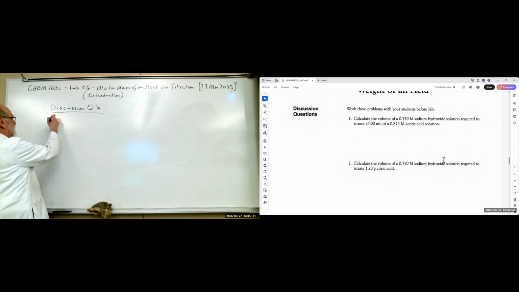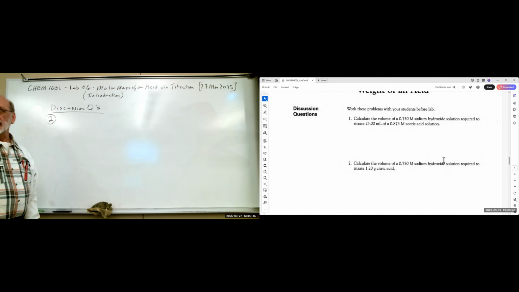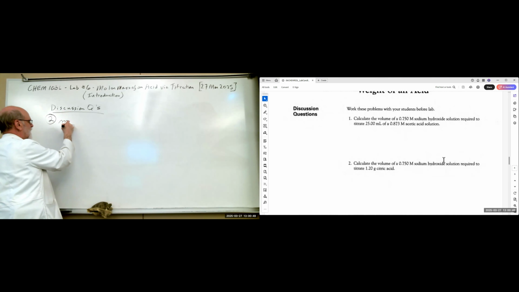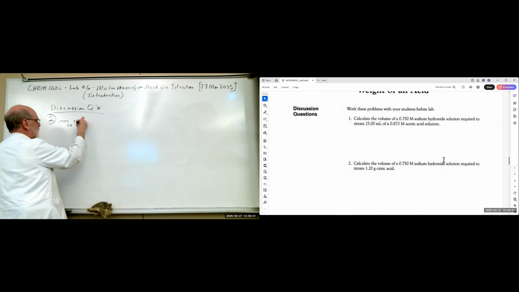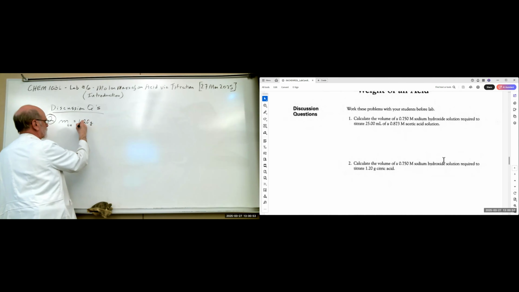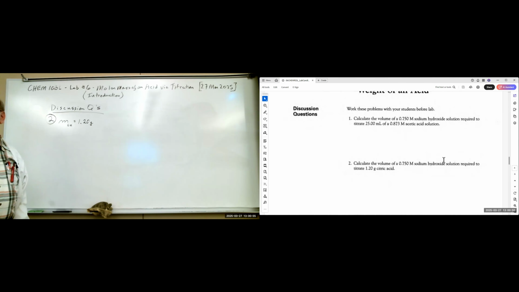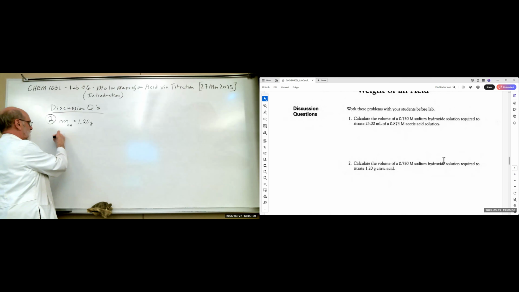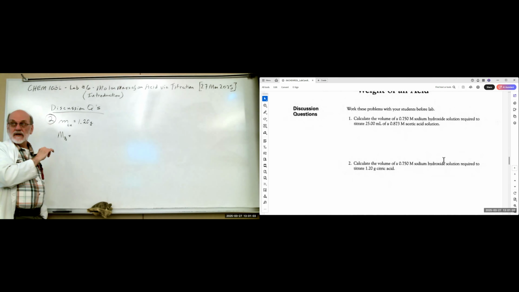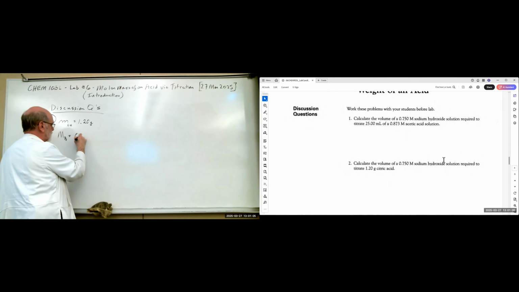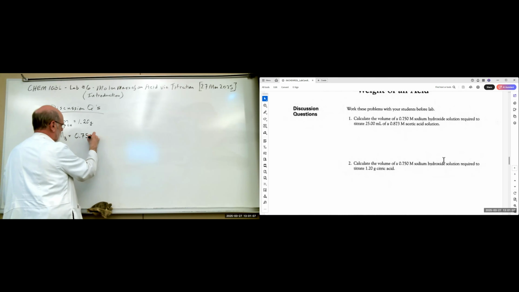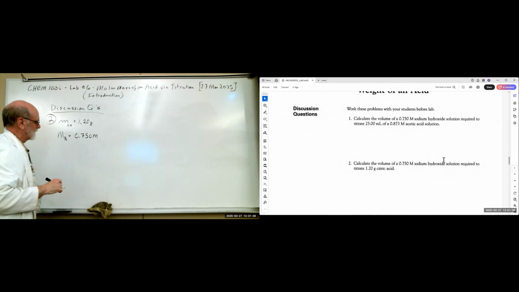All right, this is going to be a little more involved, so I'm going to put what we know up here. Mass of the citric acid equals 1.20 grams. Molarity of the base that we're using to titrate with it equals 0.75 molar.